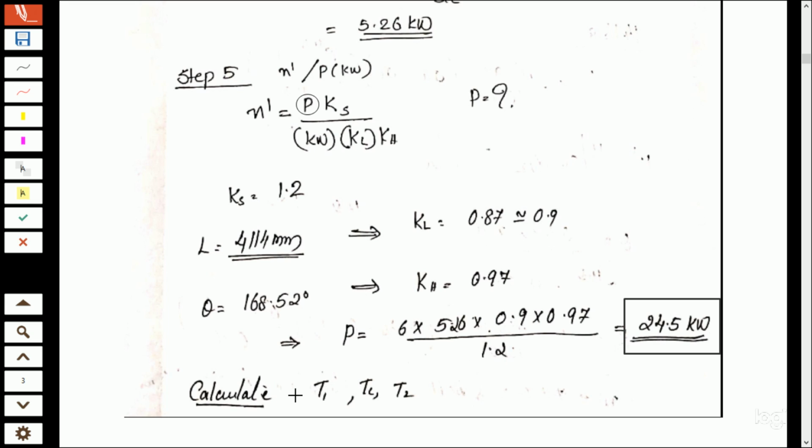You have to calculate the T1, T2, TC, sigma 1, sigma C, all those things. That is the same. And also don't forget to draw the cross section. That is very important. So this is the only change in this particular question. All the other steps remain the same, the substitution, the way in which we find the values, everything.